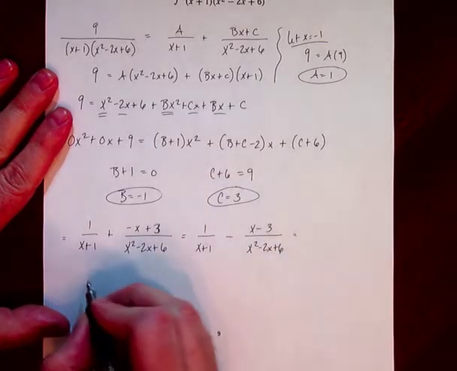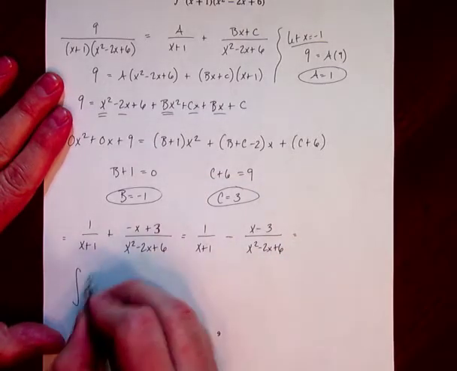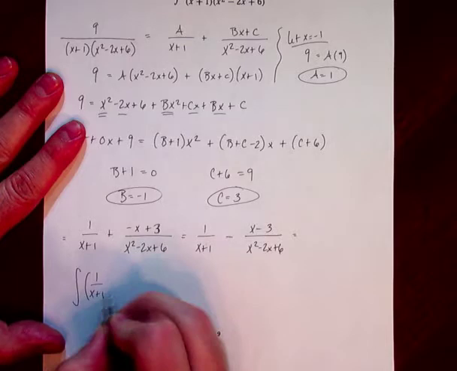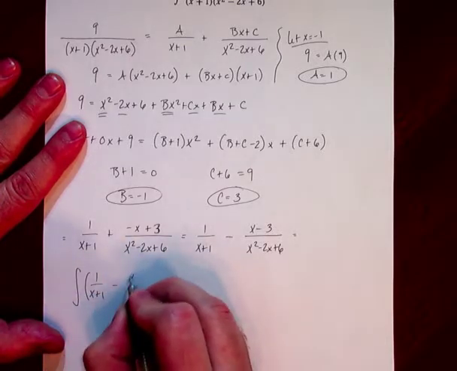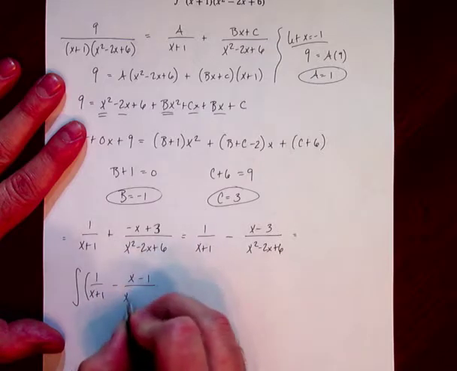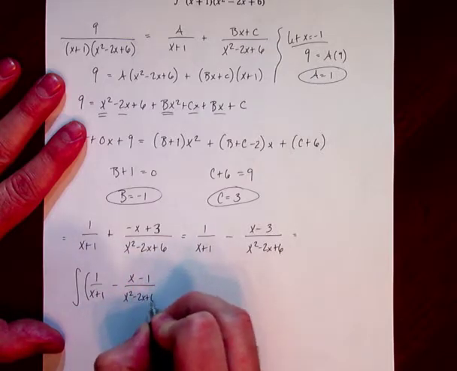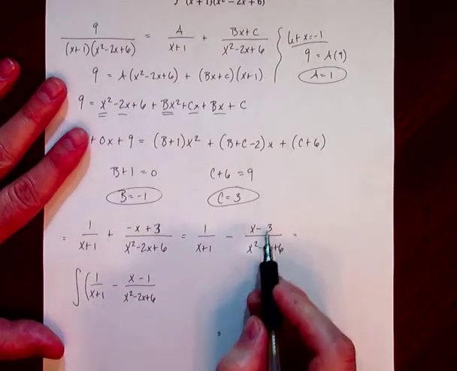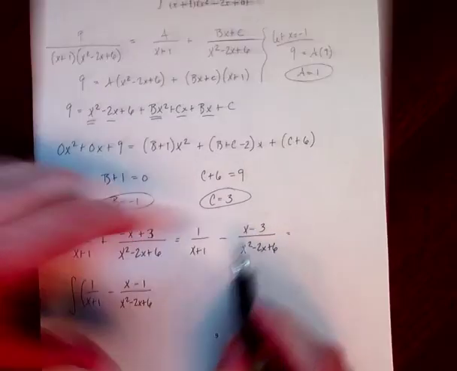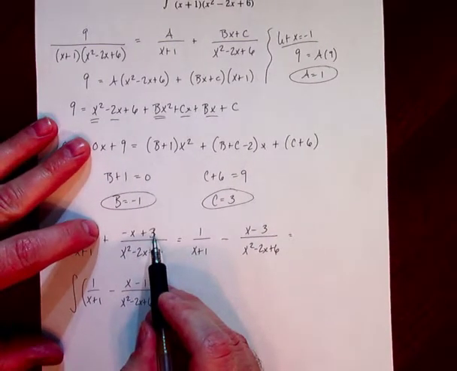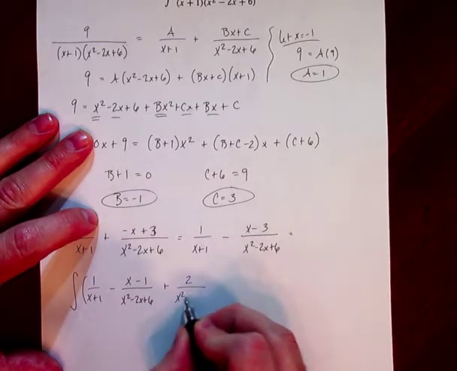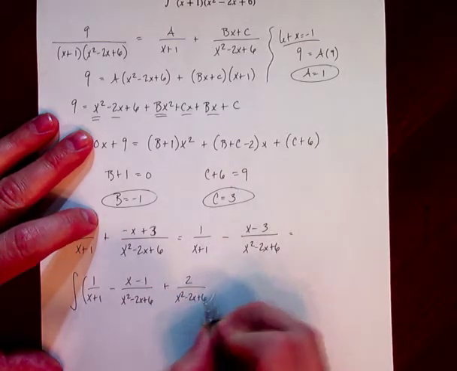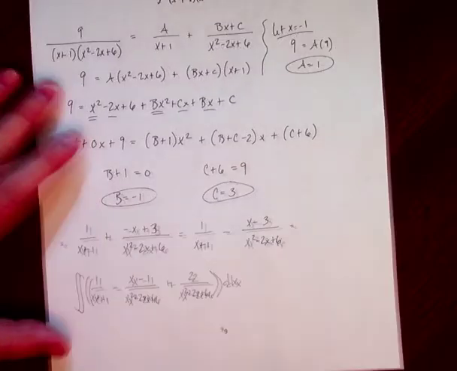And so when I set up the integrals, it's going to be 1 over x plus 1. And then it's going to be minus x minus 1 over x squared minus 2x plus 6. And then remember, this is actually -x plus 3. So it's actually plus 2 over x squared minus 2x plus 6, which might be confusing, but just think about it for a second.